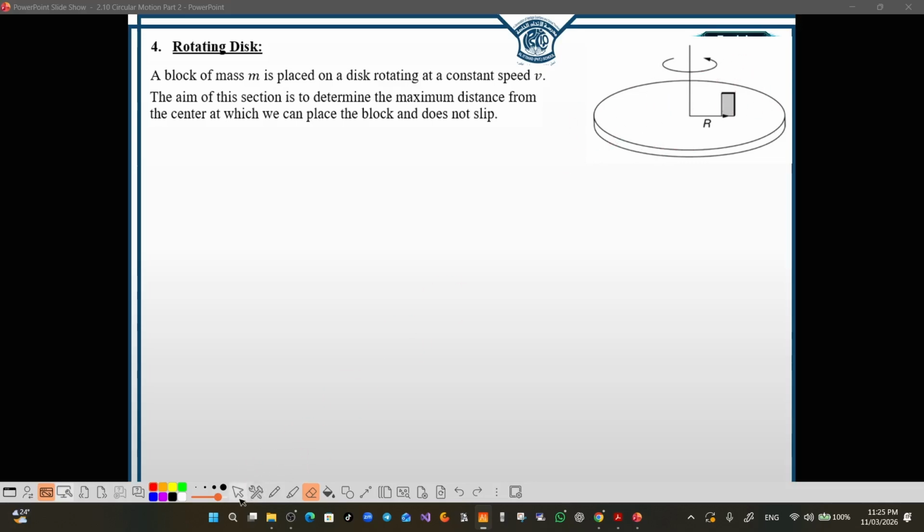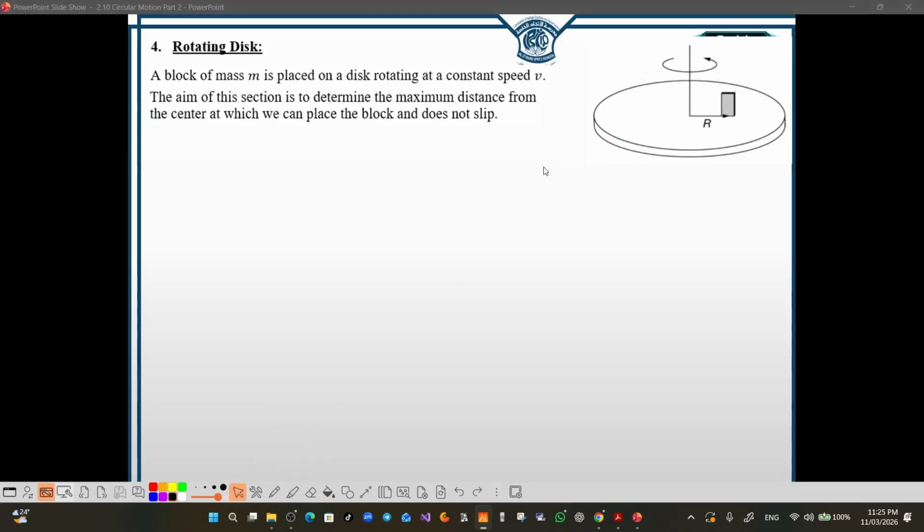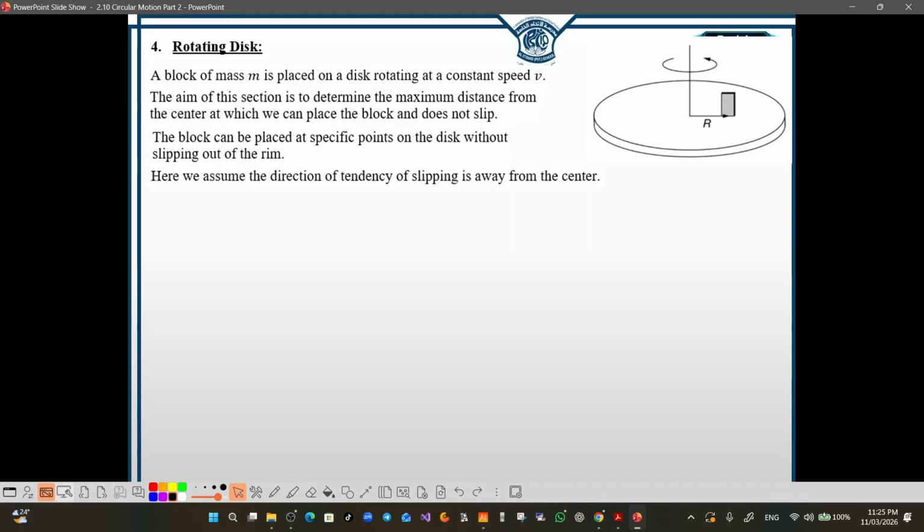Now, since we have friction here, the friction is promoted to be the centripetal force, and this is the force that's responsible to maintain the object in this circular path. The block can be placed at a specific point on the disk without slipping out of the rim. Here we assume the direction of tendency of slipping is away from the center.